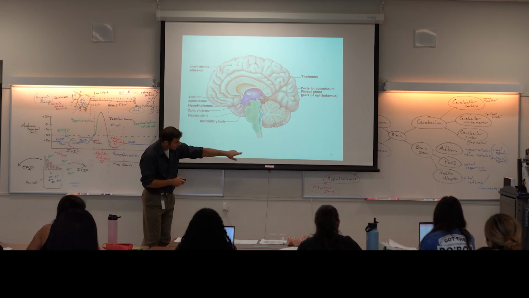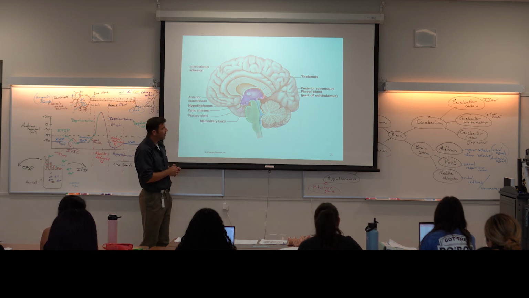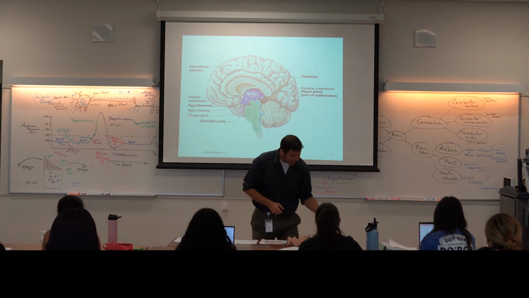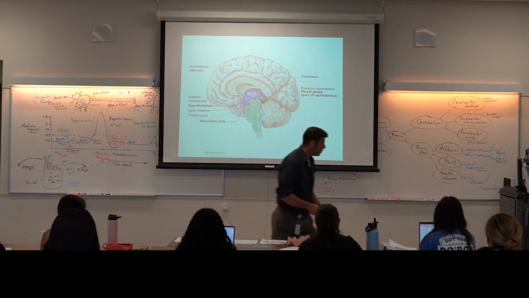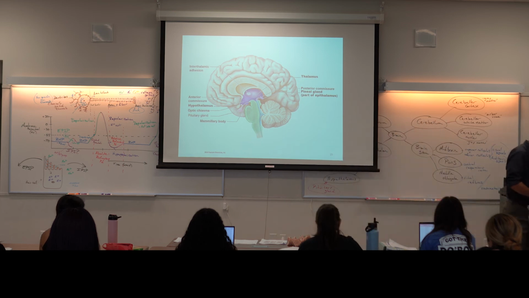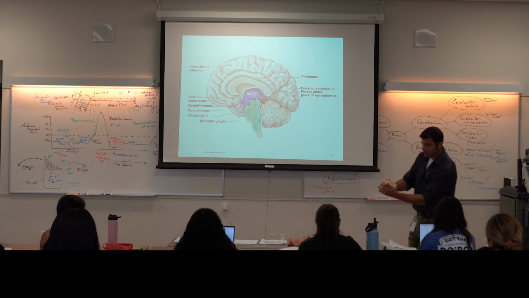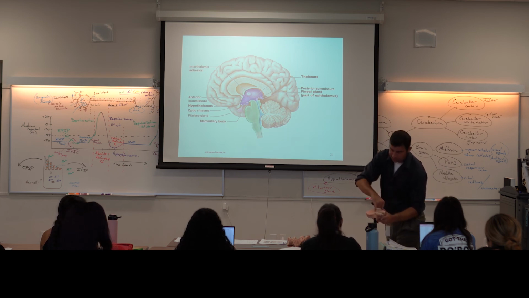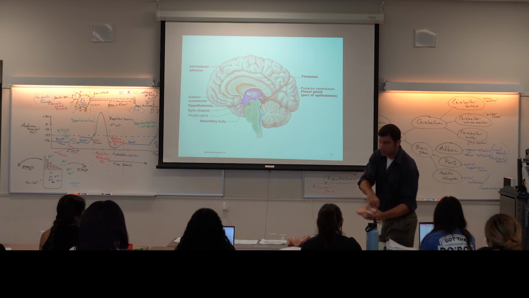So in our chart, we said the epithalamus has attached to it the pineal gland, which is easy to see. On this half brain, there is this little pink structure that kind of comes off the top edge of that thalamus.